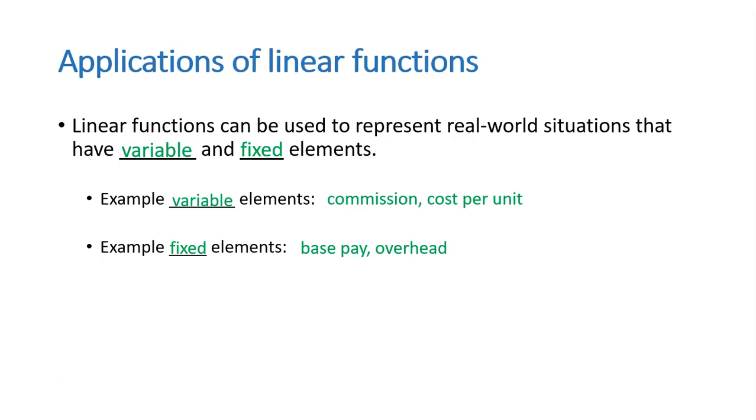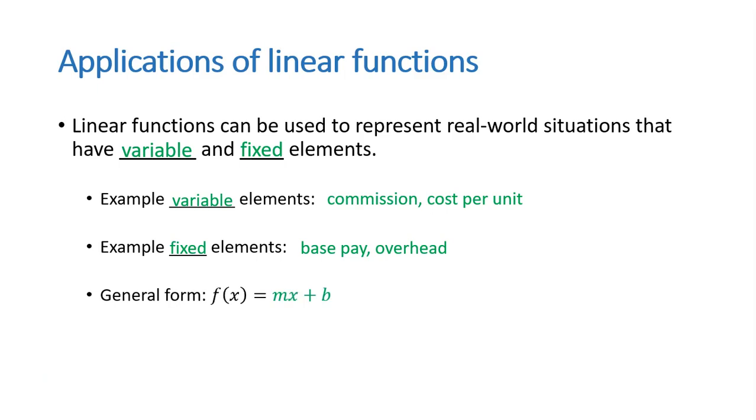It doesn't change based on how much you sell, so it is considered fixed. Overhead also corresponds to cost per unit. So overhead is the cost that you incur to manufacture regardless of how much you manufacture. Things like paying executive salaries or paying to keep your utilities on, those are costs you're going to incur whether you actually produce and sell anything or not. So they are considered fixed.